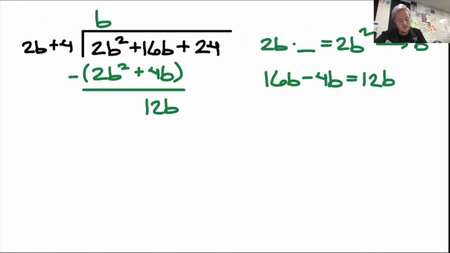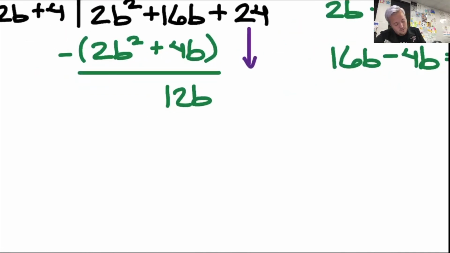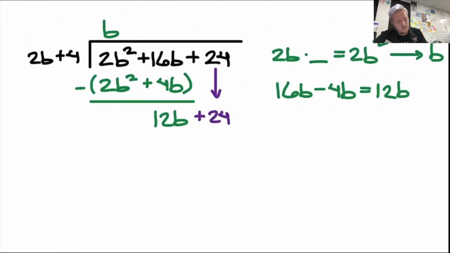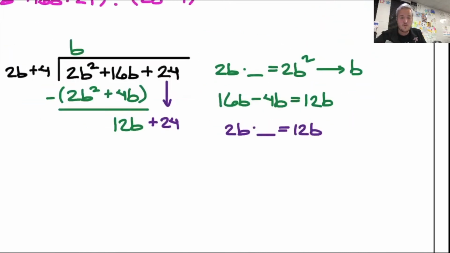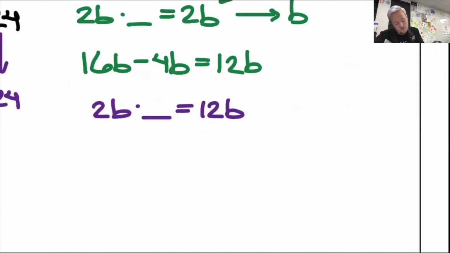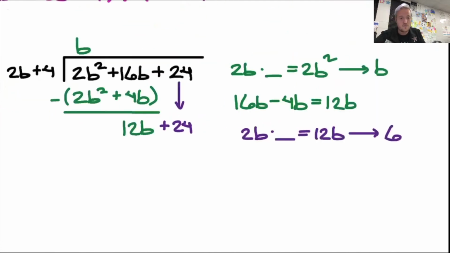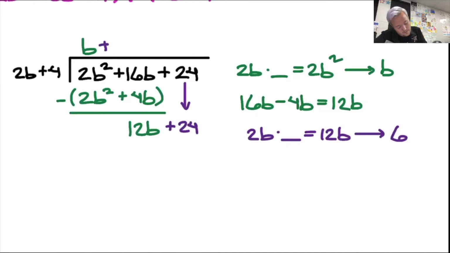Now I'm going to bring down the 24. So 2b times what value gives you 12b? That value is going to be 6. So that 6 is what I'm going to write right up here.